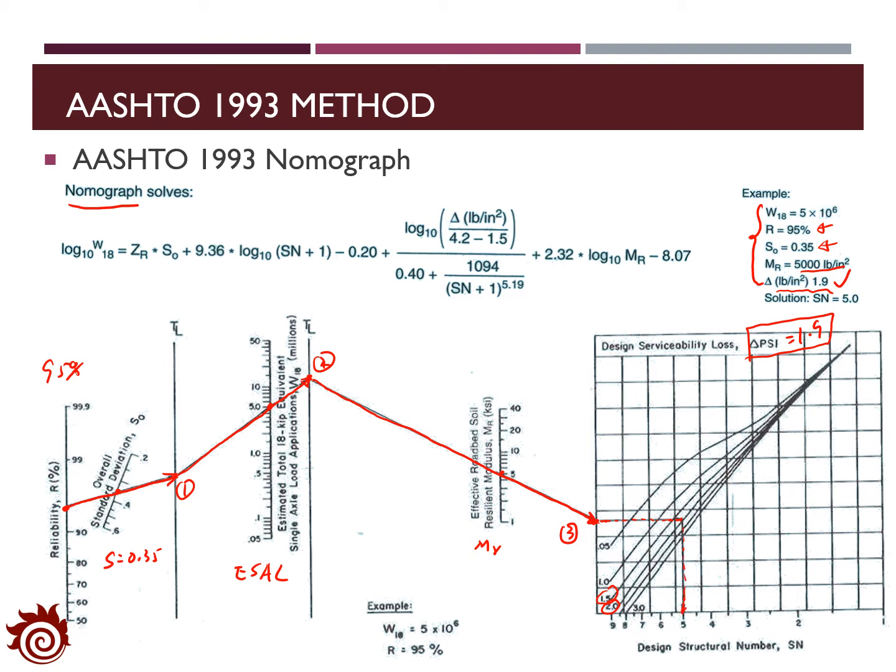The value at the x-axis would be the structural number. In this case, that is SN equal to 5.0. So with the information of ESAL, R, S0, MR, and delta PSI, we can then find out the value of SN.